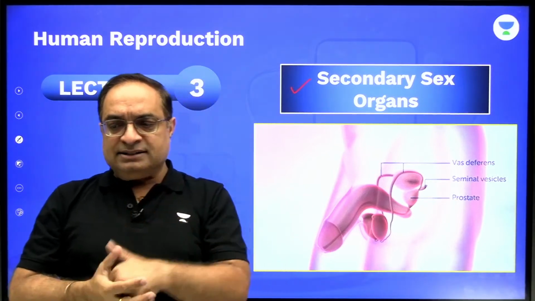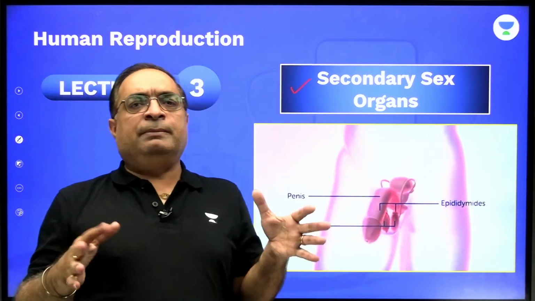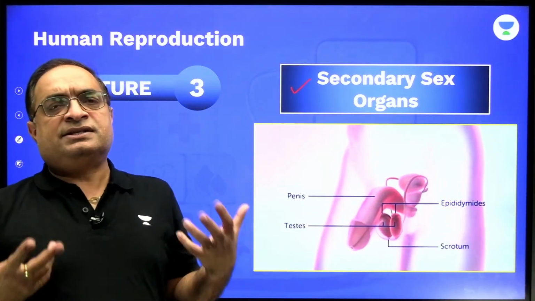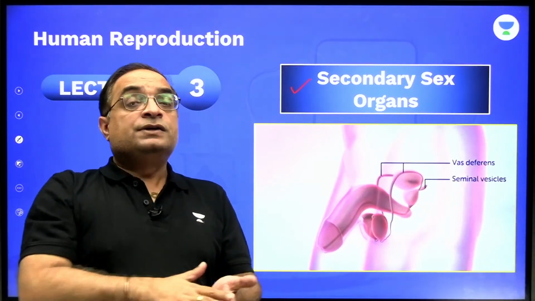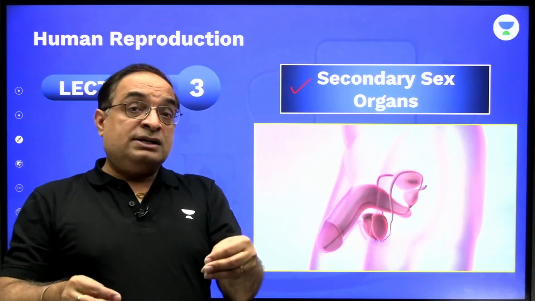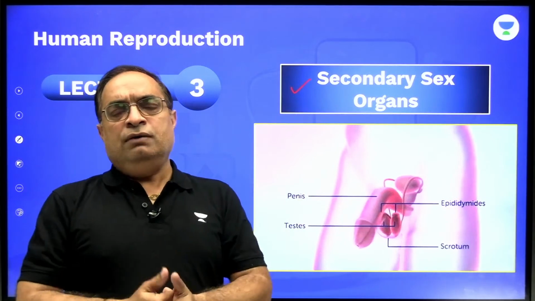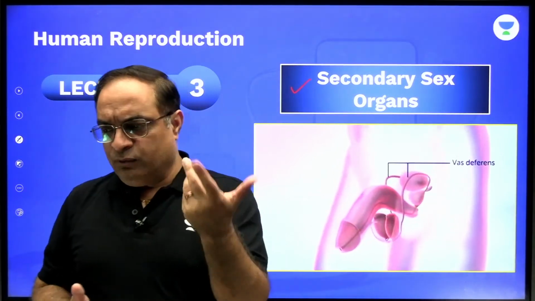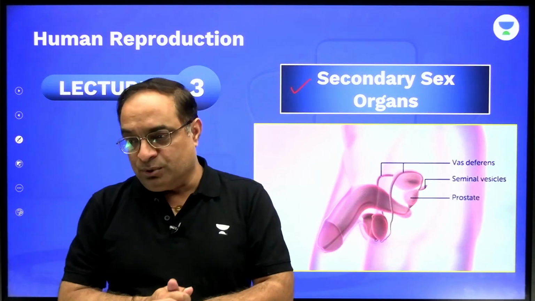I told you why testes are located in scrotum, because sperm production, maturation, storage and survival of the sperms requires lower temperature. Why are testes called primary sex organs? Because they are involved in production of the gametes as well as secretion of male sex hormones. And what are male sex hormones called? They are called androgens.